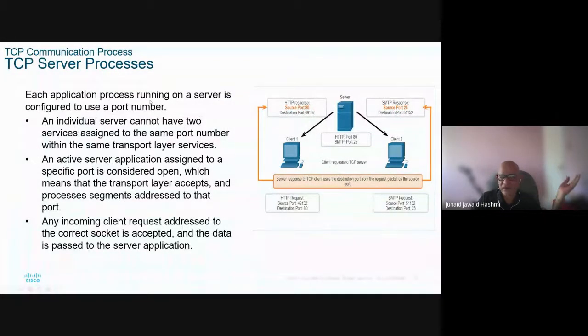So the process in TCP communication is that each application on the server is configured to use a port number. An individual server cannot have two services assigned to the same port. So each service has to have its own port number, okay? Any application assigned to a specific port is considered open.